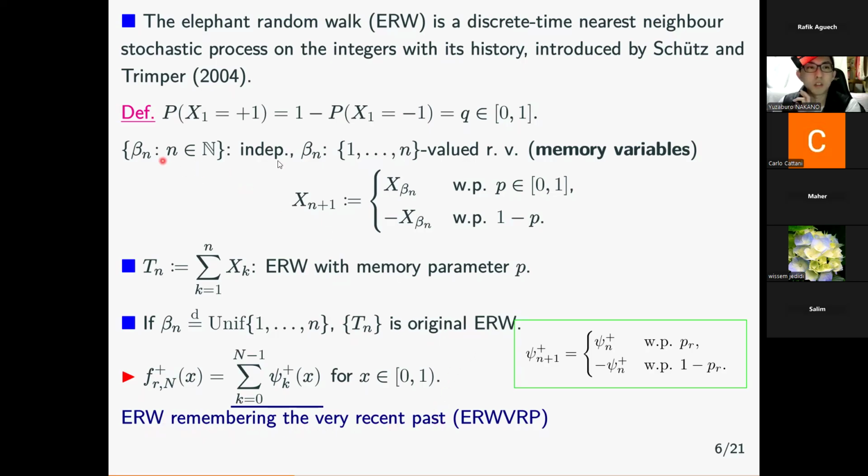That is, it is the elephant random walk remembering the present step: with probability p it moves to the selected step, and with probability 1 minus p it moves to the opposite step.